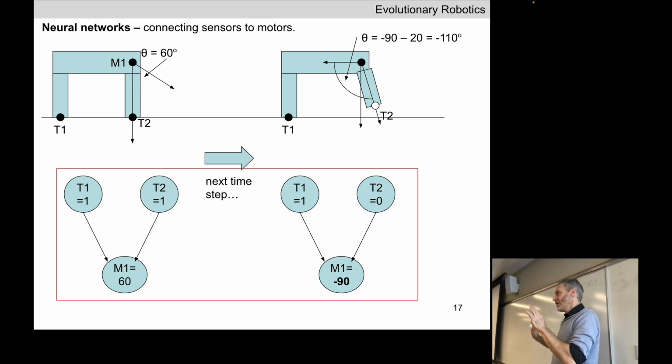Yeah? You can set up your robot in different ways, but let's try and make sure that we all do things in the same way. So a positive value is going to be extend. You want the parts to rotate outward away from the body. Negative numbers flex inward toward the body. Extension, flexion.